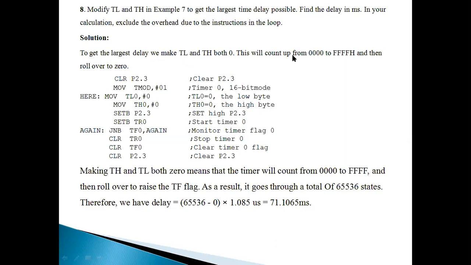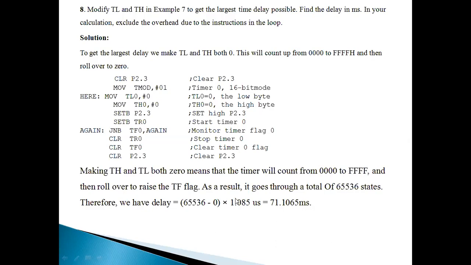This will count up from 0000. We have to make both registers TL and TH 0. So we start counting from 0000H to the maximum value FFFFH, and then roll over to 0 back.